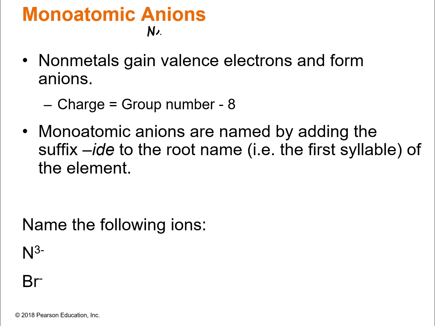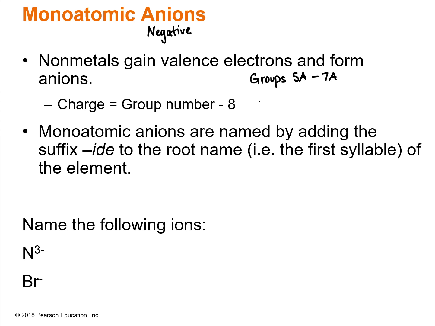Anions are negatively charged. They're nonmetals that gain valence electrons. To figure out the charge, you take the group number, the one that ends in A, and subtract 8. And we're talking about groups 5A through 7A.